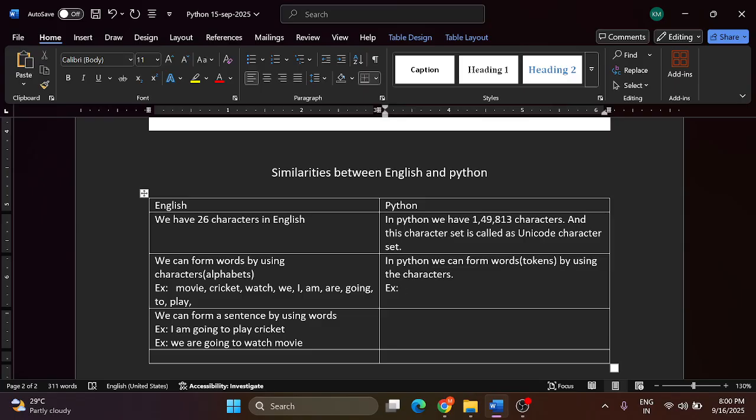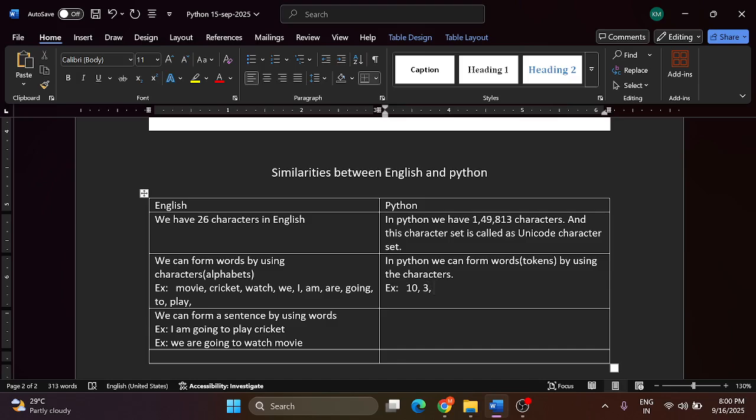Digits ni characters ga accept chestunda Python? Yes. I've written like this. How many characters are there here? 3. Collection of characters, it is called as what? Token. 100 is a token, or we can say 10 is a token. 3 is also a token, right?